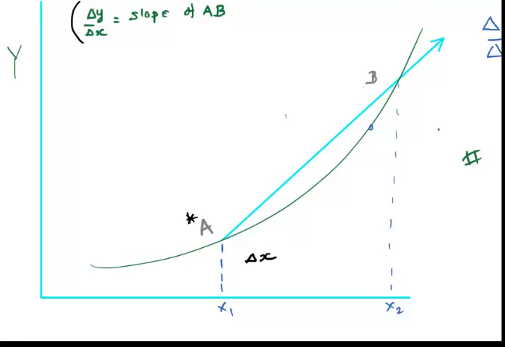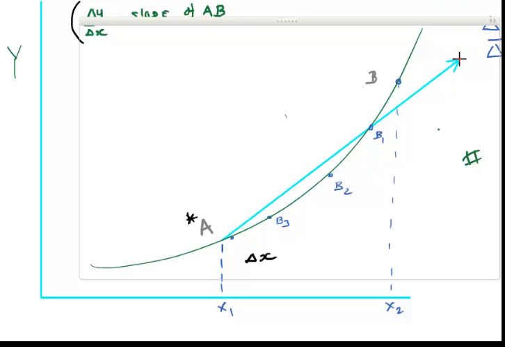So what we are going to do is move our point B to B1, then B2, and then B3, and finally very close to point A. And we'll see what happens to the slope of this line, which is the average rate of change.